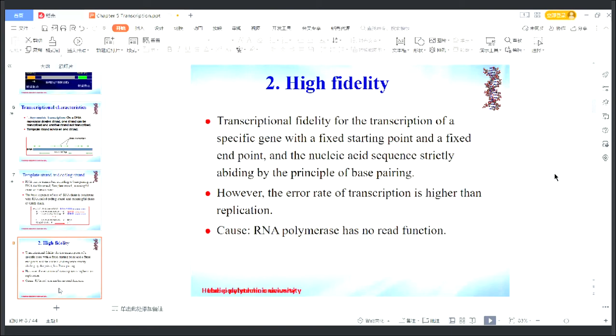But here, my students, strictly is relative. However, the error rate of base pairing in transcription is higher than in replication. Because, as I emphasized, the DNA polymerase has the proofreading function, but the RNA polymerase has no proofreading function.